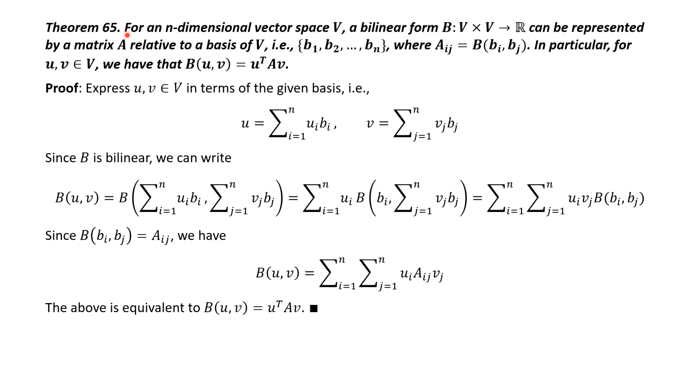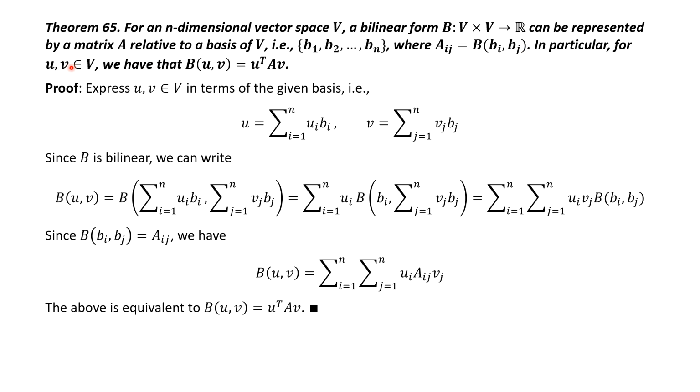The theorem on this slide says for an n-dimensional vector space V, a bilinear form B from the Cartesian product V with itself to R can be represented by a matrix A relative to a given basis of V, B1, B2 up to Bn, where the ij component of A is B evaluated at these two basis elements, B sub i, B sub j.